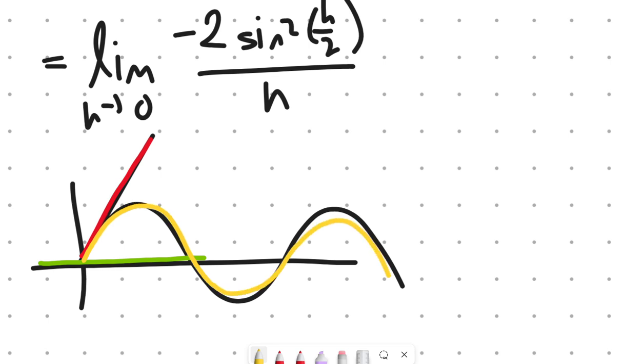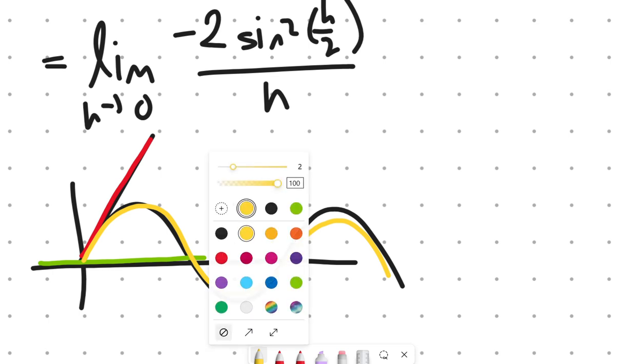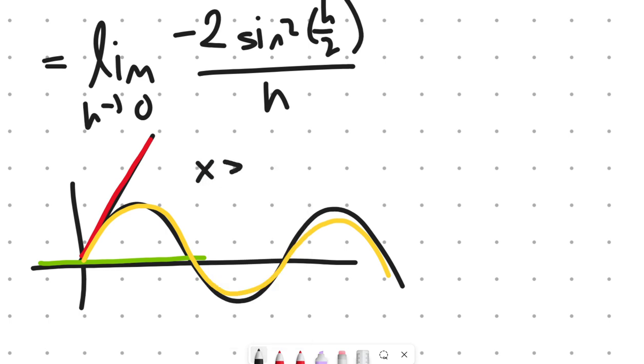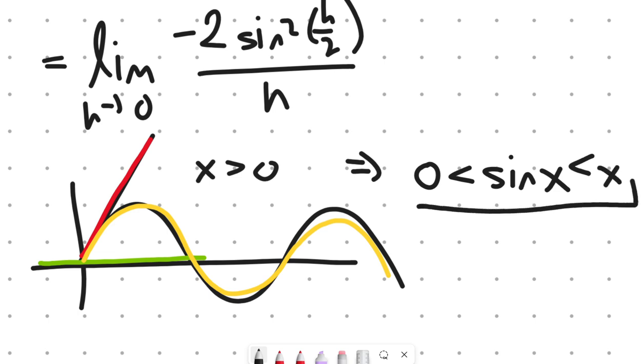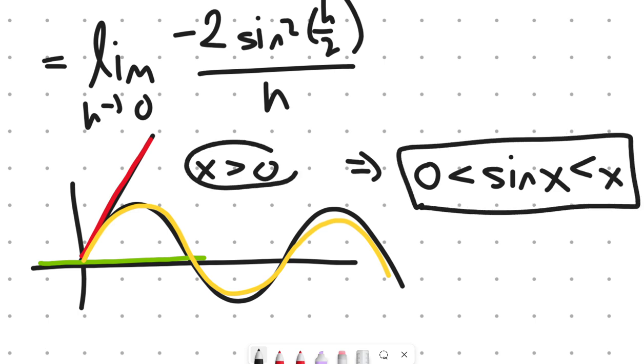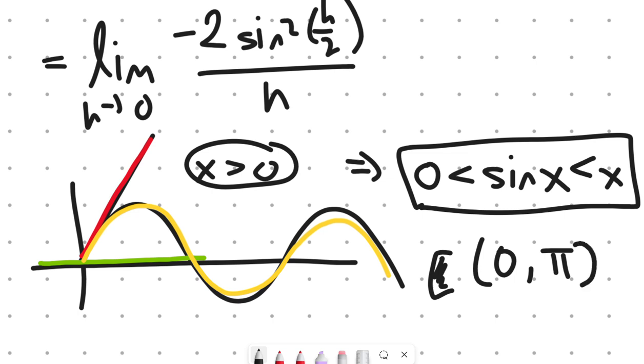Now we can state that for small x, for small x bigger than 0, sine of x is indeed bigger than 0 but smaller than x for x bigger than 0 until, let's say, pi. So the interval from 0 to pi, we can state that this inequality is true.